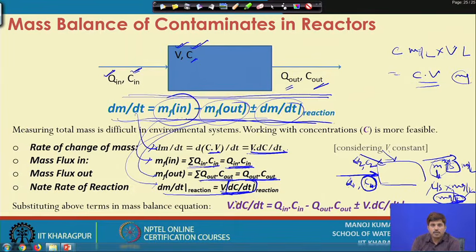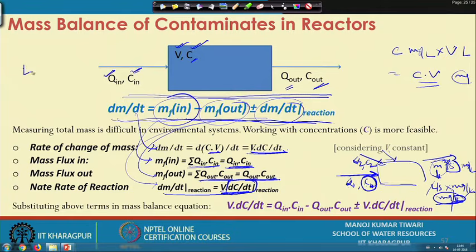Now, you can check the dimensions; all the terms should have the same dimension. Let us say concentration dC is in milligram per liter. We have volume in liter into dC by dt, so milligram per liter divided by the time unit, let us say second. Q is in liter per second and C in milligram per liter.